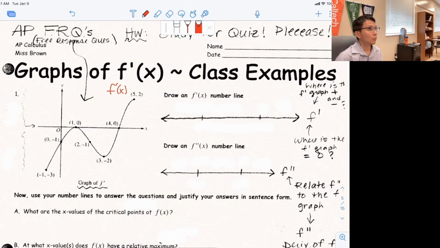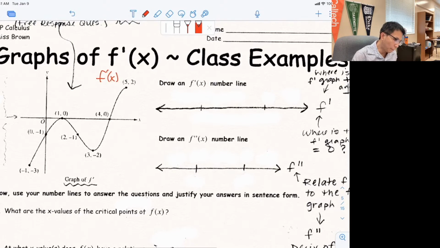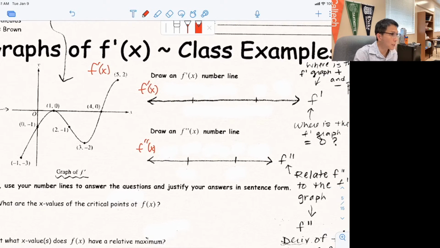Now, with this f prime of x graph, guys, pay attention there. If you look at this, you can draw two types of number lines: one is f prime of x and the other is f double prime of x. Because we want to use this f prime of x graph to think about what the original graph is going to look like.